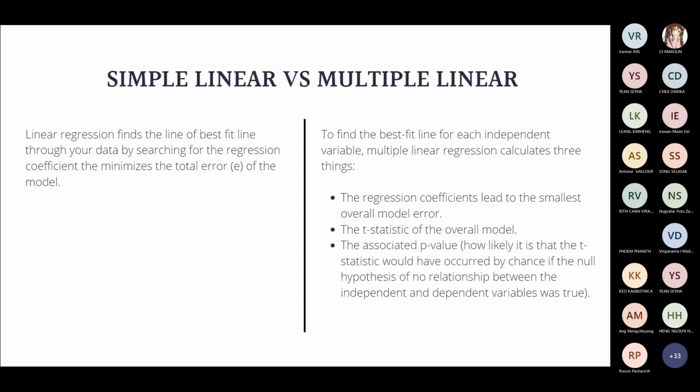But for the multiple, we don't know how many independent values can be in the data, like on his slide, where we have two independent variables, one is riding a bike and another one is smoking, and the dependent is heart disease.